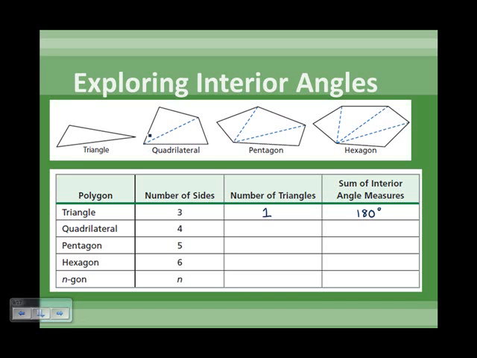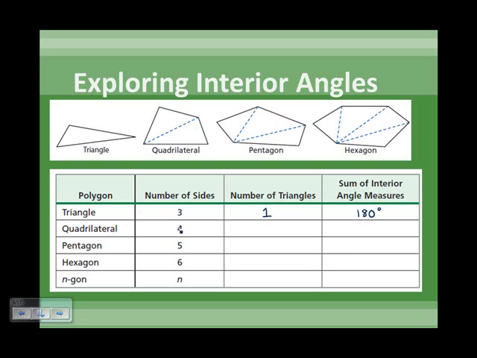Now if we wanted to know the sum of all of the interior angles of this quadrilateral, this four-sided figure, we could find them by drawing in a diagonal here to create two triangles. And we know that each of these triangles has 180 degrees.